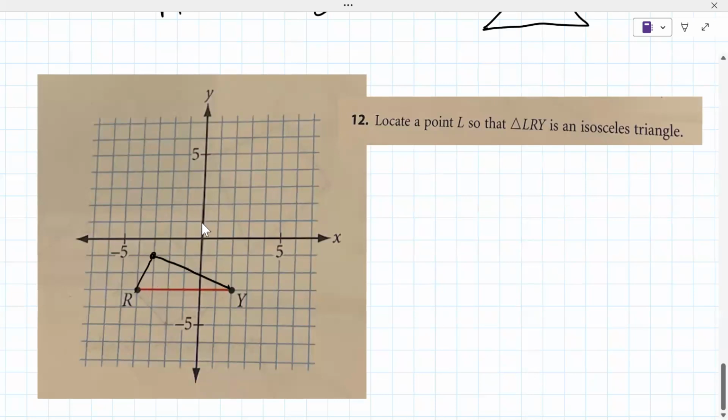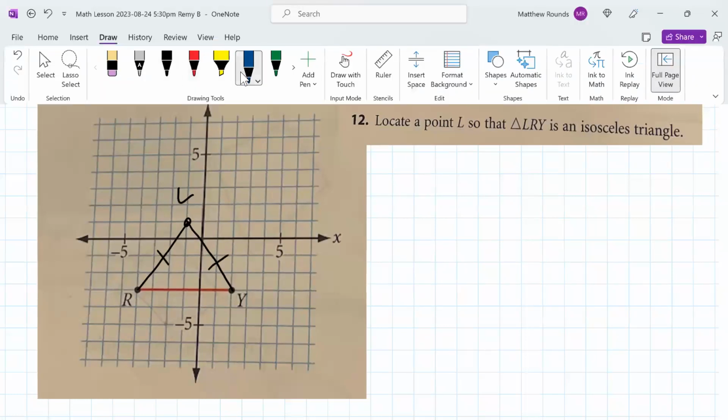Oh, actually, wait, no, it wouldn't. Never mind. I was not looking at the right thing. It does not. But if I make this, does this now look like an isosceles triangle? Yeah, it does. Let me put L there. This side is congruent to this side. Let me draw another one here. Let's say I put it right there.